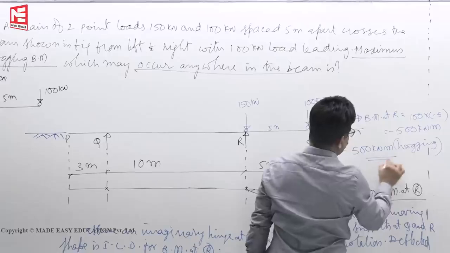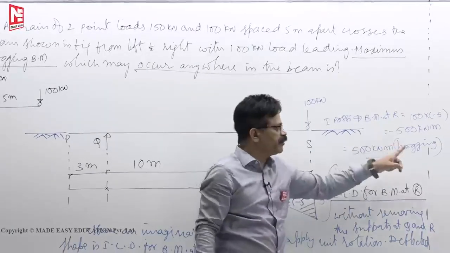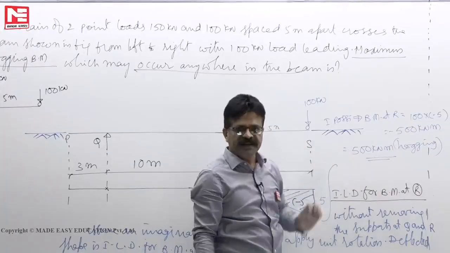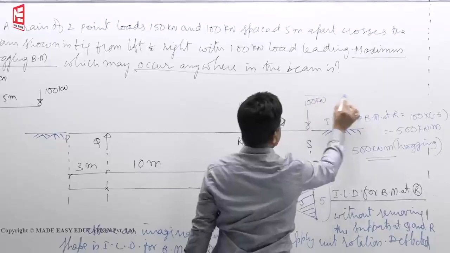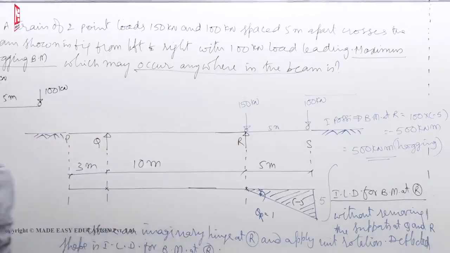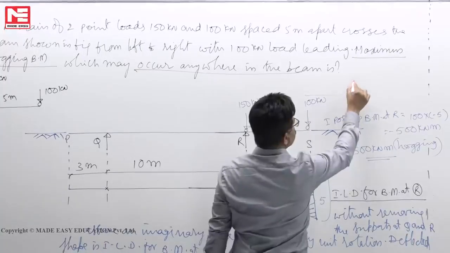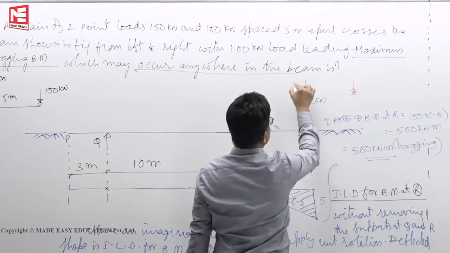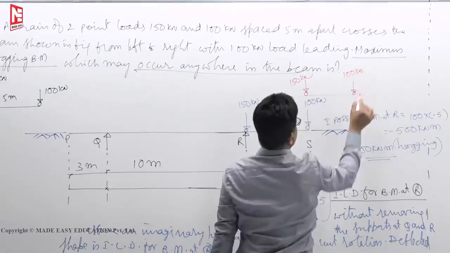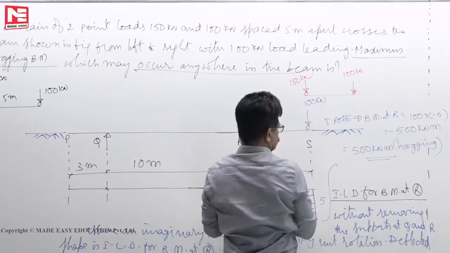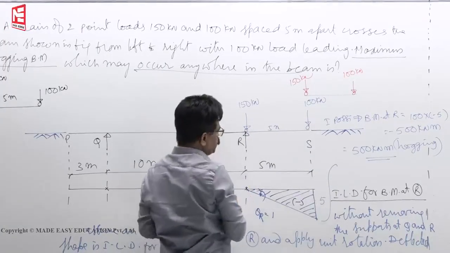Why I have removed minus? Because minus implies that hogging bending moment. Hogging bending moment 500. I can read like that. Now they ask the driver to move forward. Suppose if 100 comes here, 150 will be here. Now what's the bending moment at R? Here you see 100 into minus 5, 150 into 0.